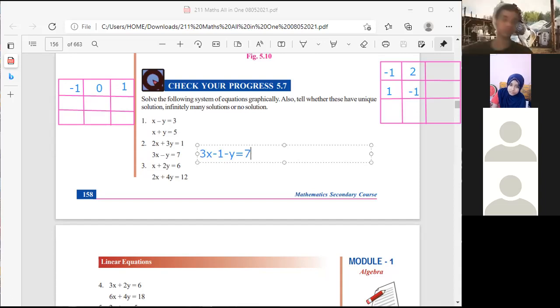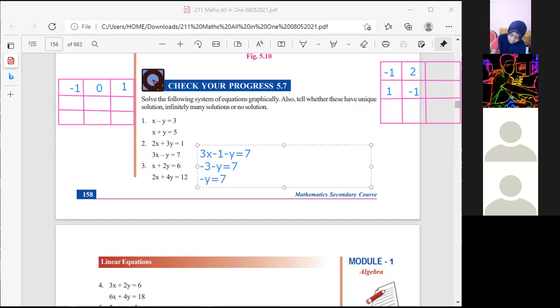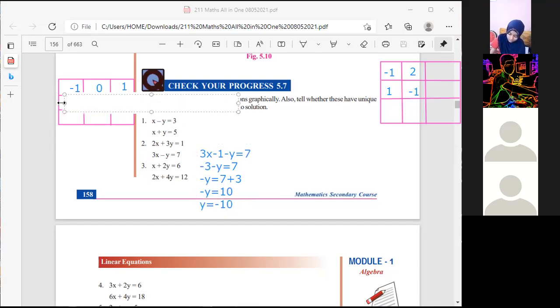So 3 multiplied by minus 1 is minus 3, minus y is equal to 7. Am I right? Minus y is going to be equal to 7 plus 3, which is minus y equals 10. So y is going to be minus 10. So I have got the first coordinate, and I have taken this as minus 10.